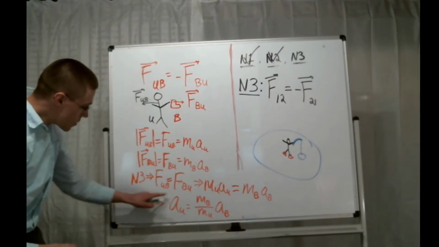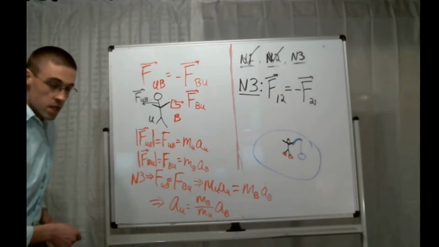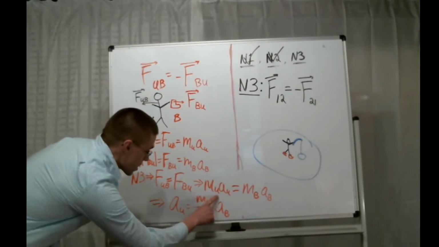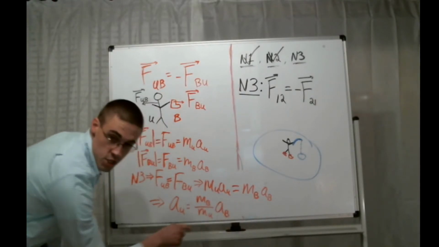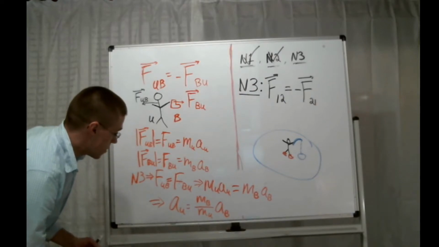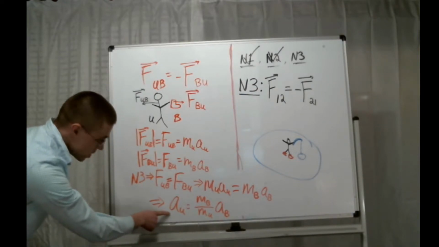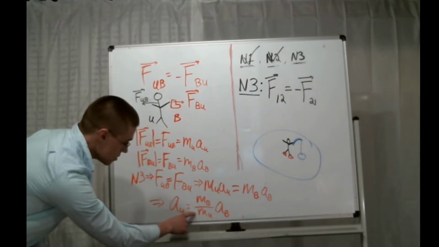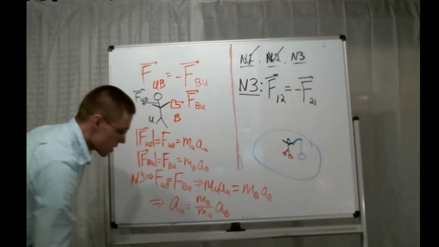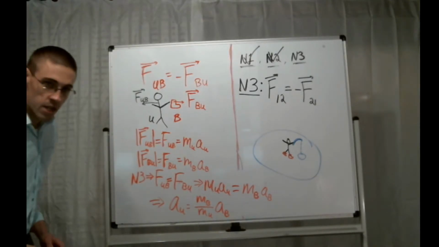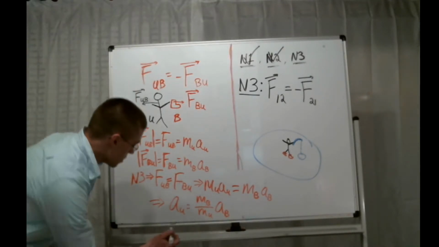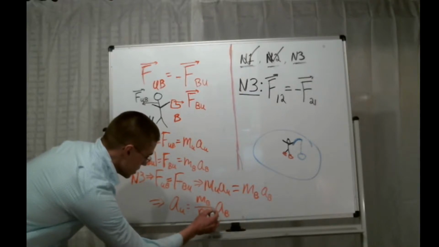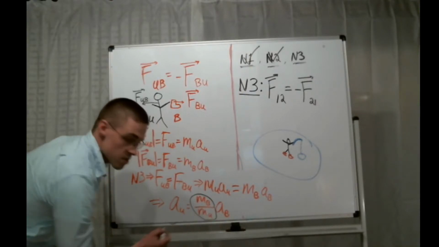By Newton's third law, we know these two things are equal. So the products of mass and acceleration for both you and the boot are equal. Well, that would mean that your acceleration is equal to the ratio of these two masses times the acceleration of the boot. Okay? So that means the mass of the boot over the mass of you.